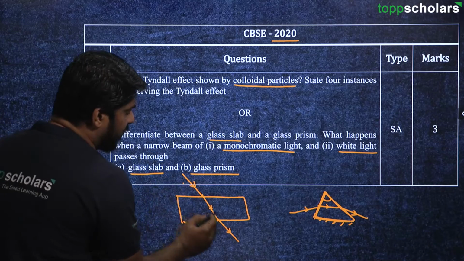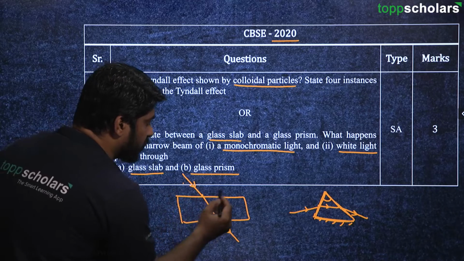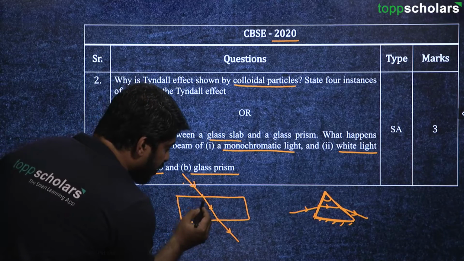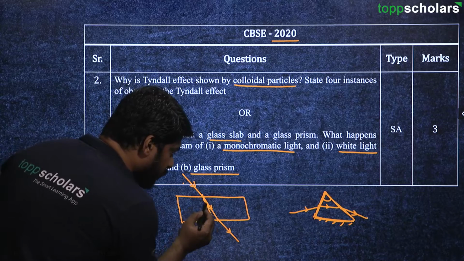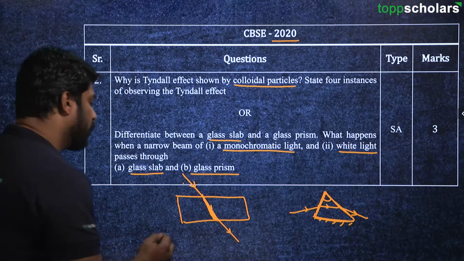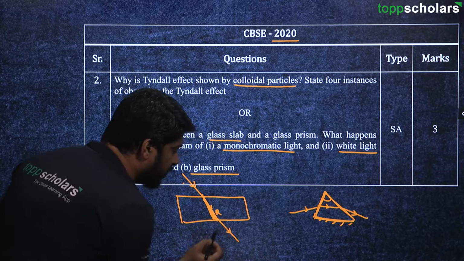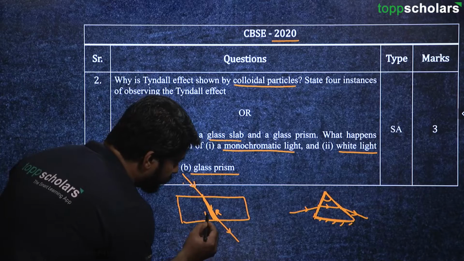In this case, when the white light passes through this glass slab, each color will be deviated by different angles. Here also you can see first there will be a red color, and at the last we will have the violet color.